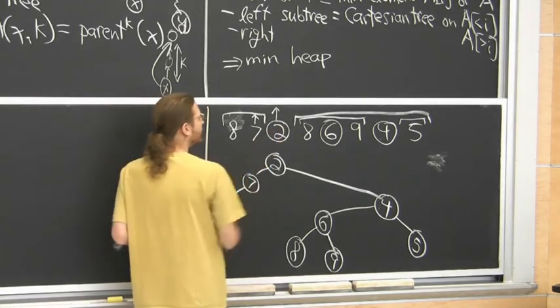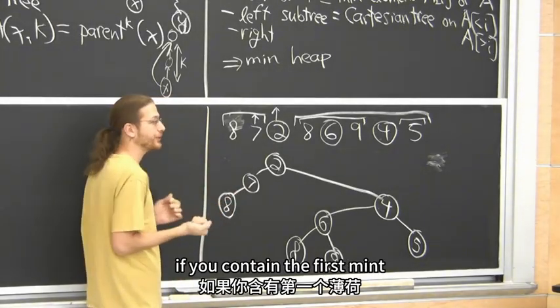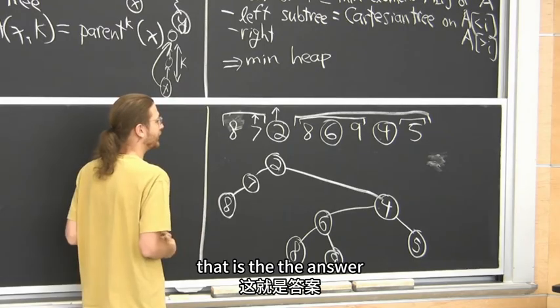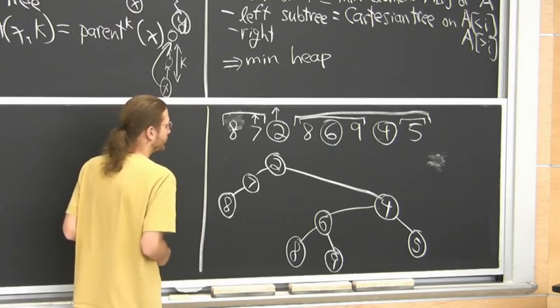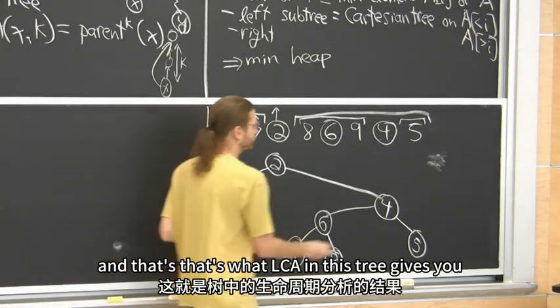Because it's all about which mins, in the sequence of mins, which mins do you contain? If you contain the first min you contain, the highest min you contain, that is the answer. And that's what LCA in this tree gives you.